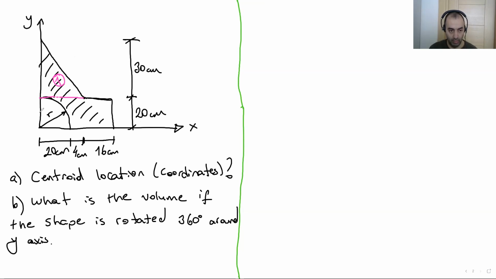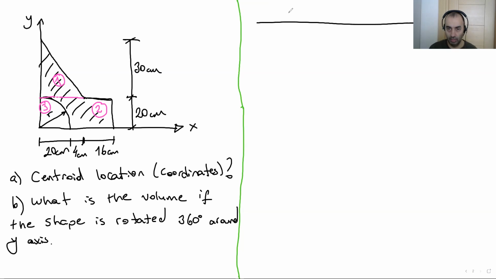The total is a rectangle, it's 2, and 1 piece here which is a missing part, 3. We are going to remove this 1/4 circle from this total rectangle. So we have 3 basic shapes.